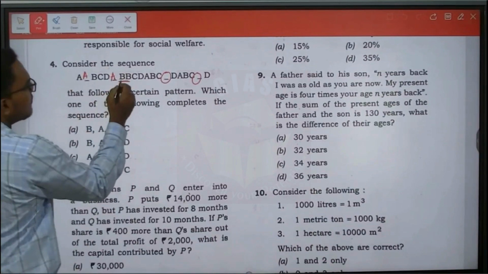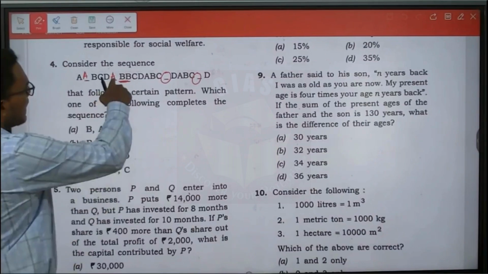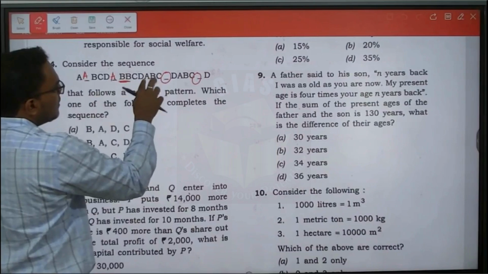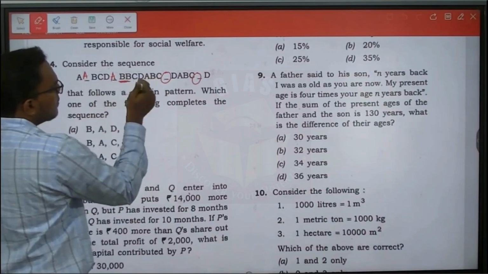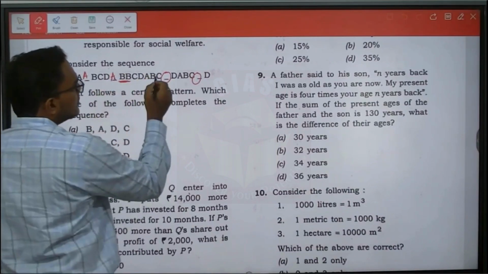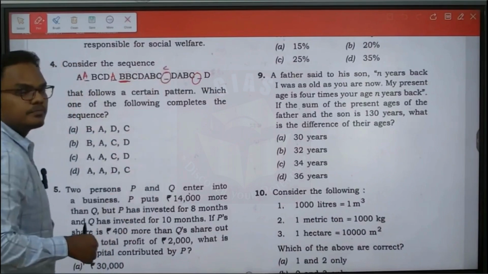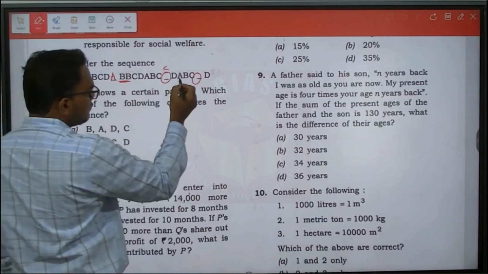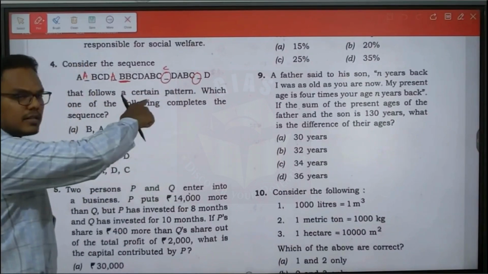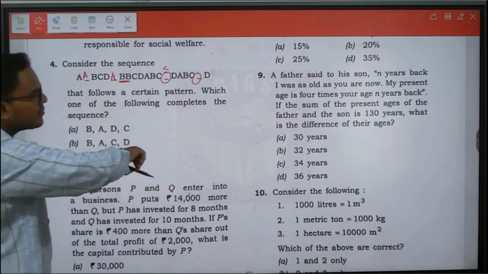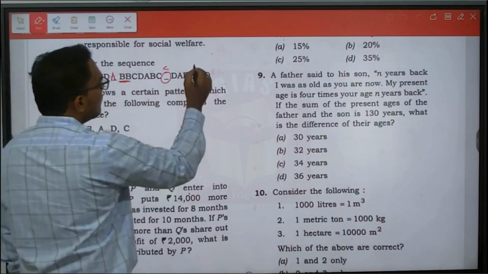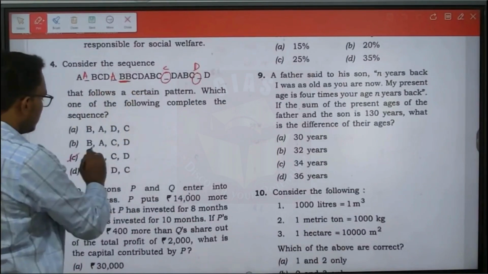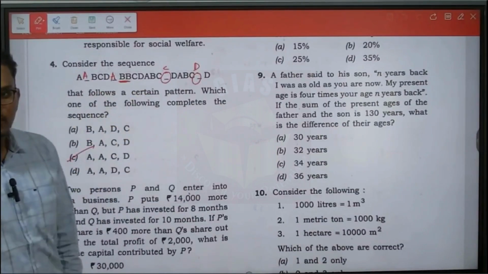Here they have repeated the second letter, so it's A, B, B, C, D. In the next sequence, the first two letters are already repeated, so you have to repeat the third letter, C. A, B, C, C, D. Now all three letters A, B, C were already repeated, so you have to repeat the fourth letter, which is D. So the blank is A, C, D. So C is your right answer.